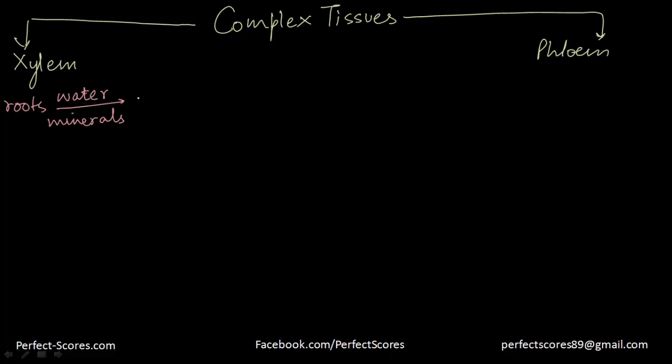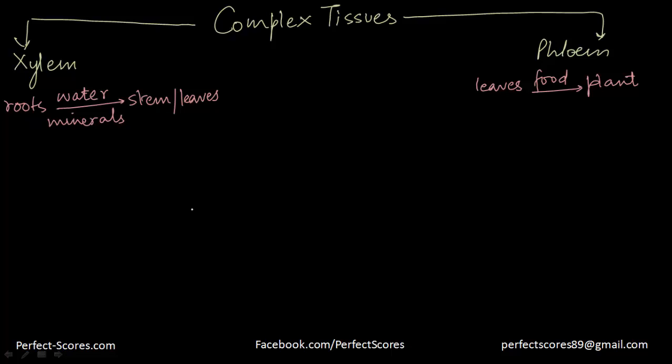That means to the stem or the leaves, and also to give mechanical strength. On the other hand, the purpose of phloem is to take the food from the leaves to the other parts of the plant. So that is their function.